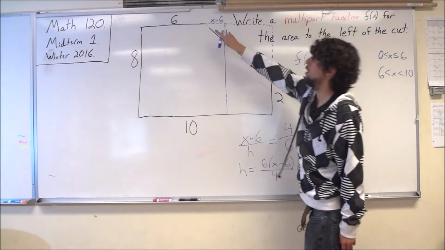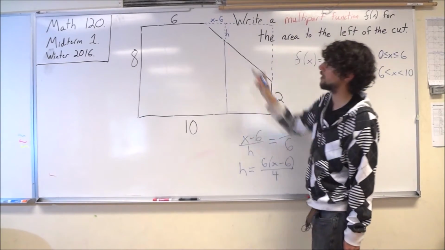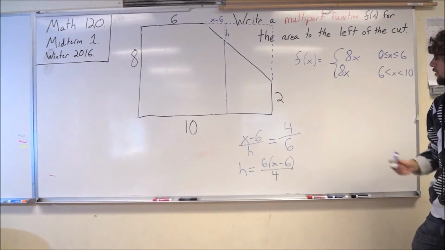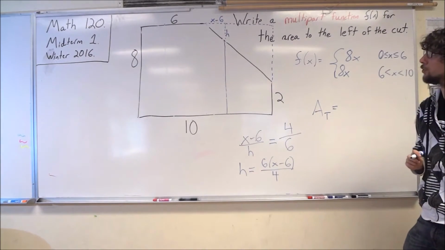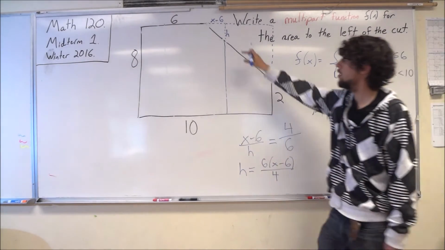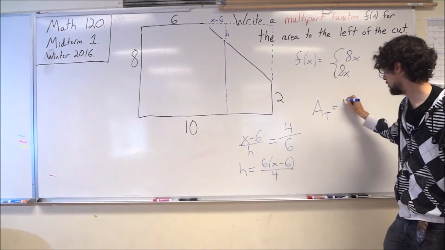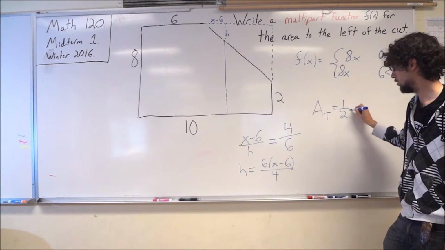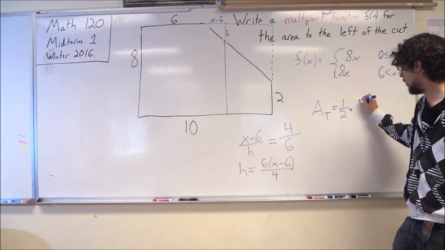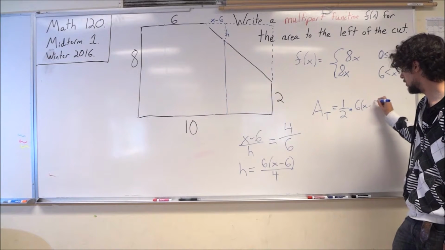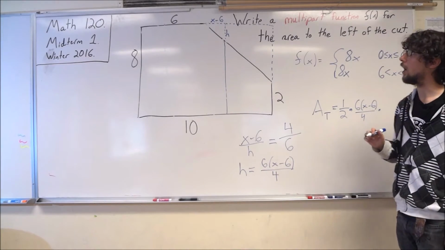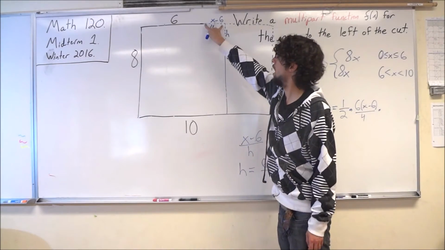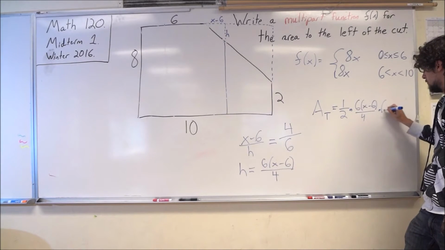Now if I know this length and this length, I can express the area of the triangle. The area of the triangle is equal to 1/2 the base times the height, so 1/2 of h times x minus 6.